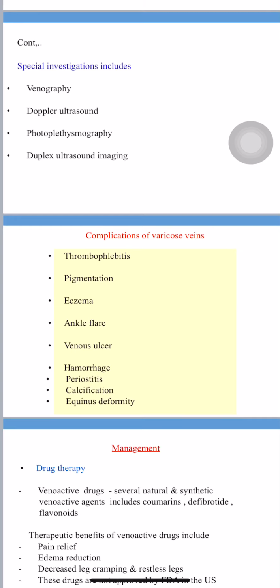Brownish to black pigmentation is noticed. This can be due to hemosiderin, a product of RBC breakdown, which comes out of the thin walls of the veins.